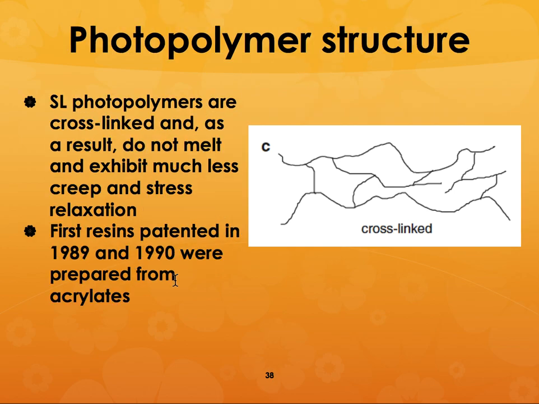So what is the structure of the photopolymer that is being reacted with the UV light or the visible light? They are acrylate resins, and they were originally patented in 1989 and 1990 by Ciba Geigy.